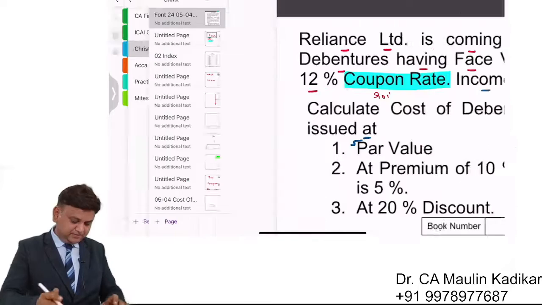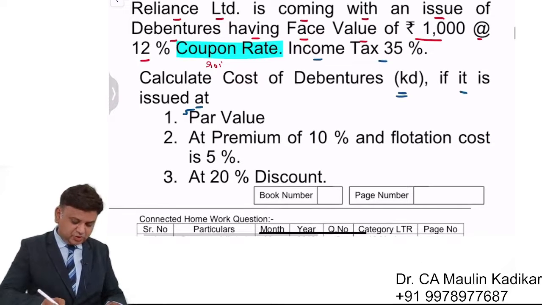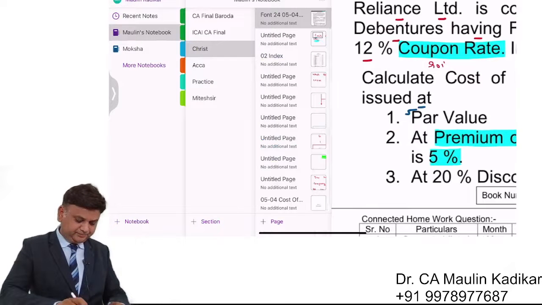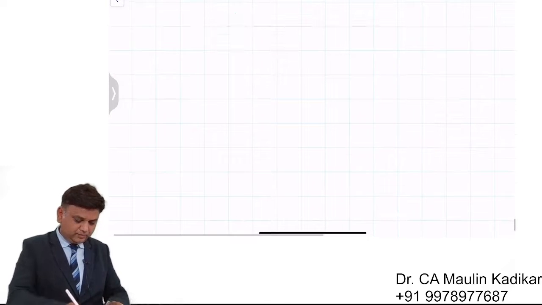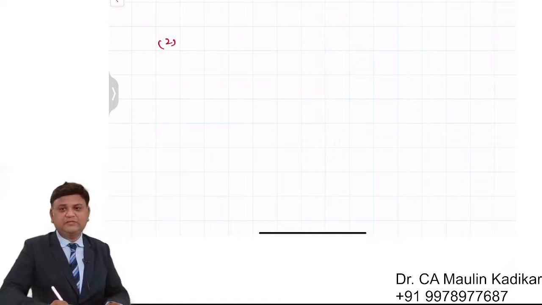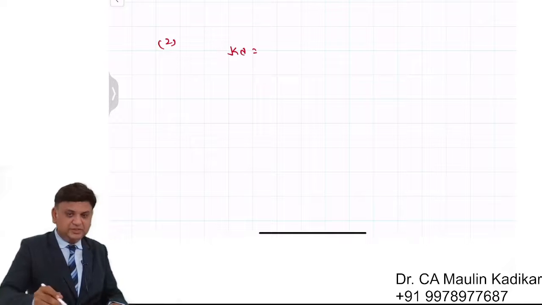Second part of the question. What is the KD if the security is issued at a premium of 10% and there is a flotation cost of 5%, like that information is given. So dear students, over here the answer for cost of debt financing will be calculated in this way. I request you to pay attention.